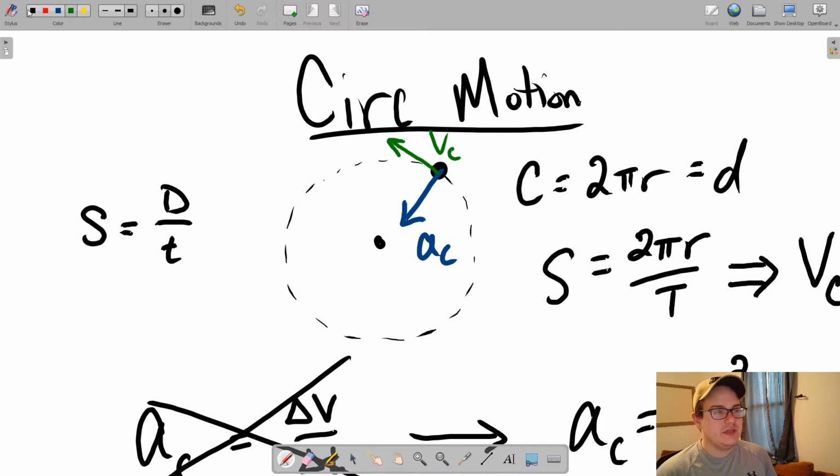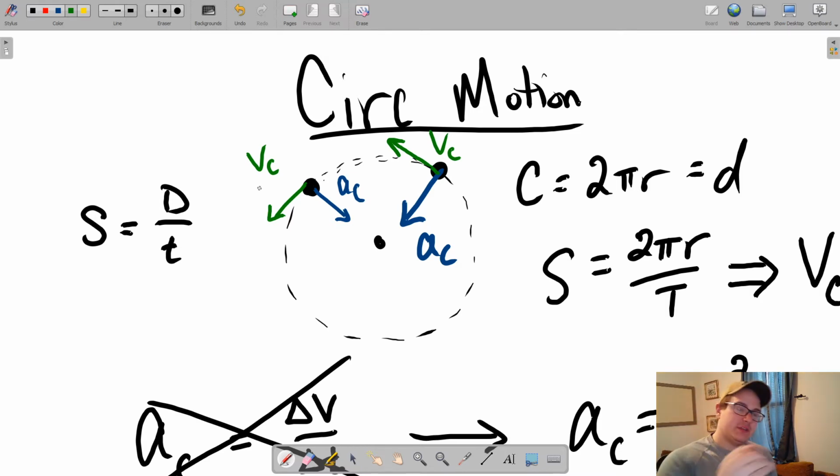So when this object continues along this path and is right here now, we say then that that centripetal acceleration is still inwards and that velocity is still tangential, because that velocity is always curving towards the inwards. That object is then center seeking.